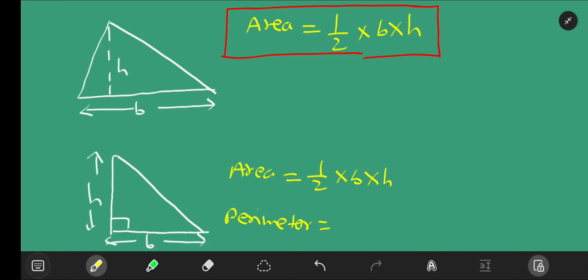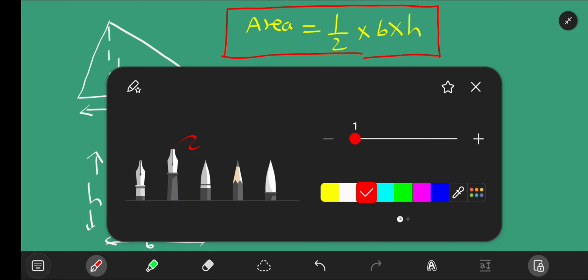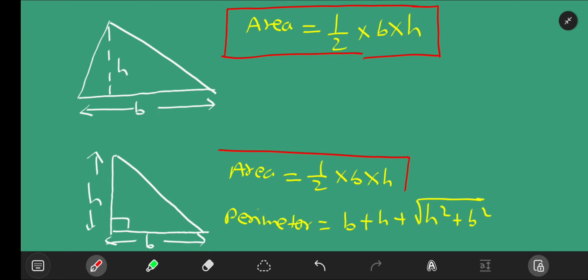Boundary is H, B and this hypotenuse length. Hypotenuse we already know. Suppose this base plus height plus square root of the hypotenuse formula, H square plus B square. This is the formula for right angle triangle.